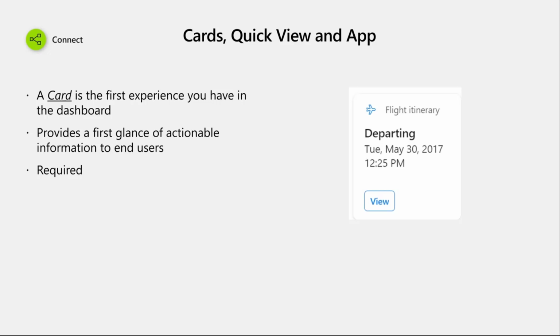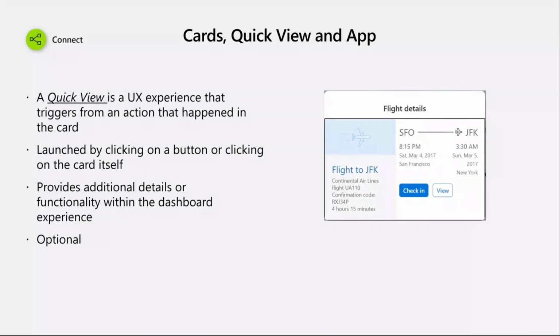If, however, you need to provide more interaction or more information, this is where the quick view comes in. The quick view is another kind of experience that, as a developer, you can create for Viva Connections dashboard. It can be triggered directly from the card, either by clicking on the card or by clicking on one of the buttons available on the card.